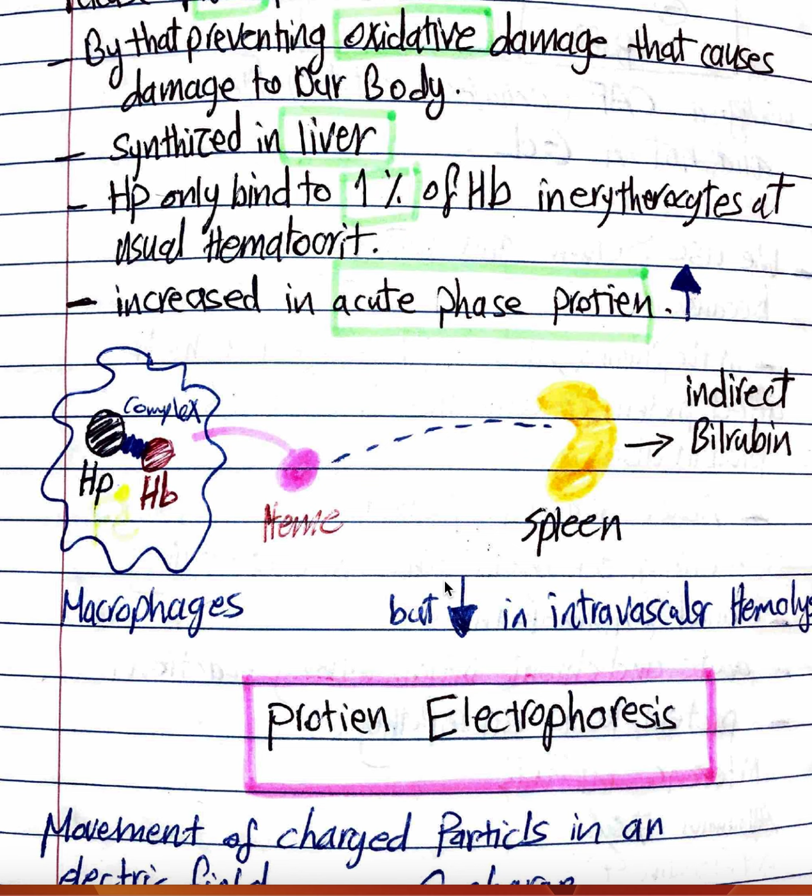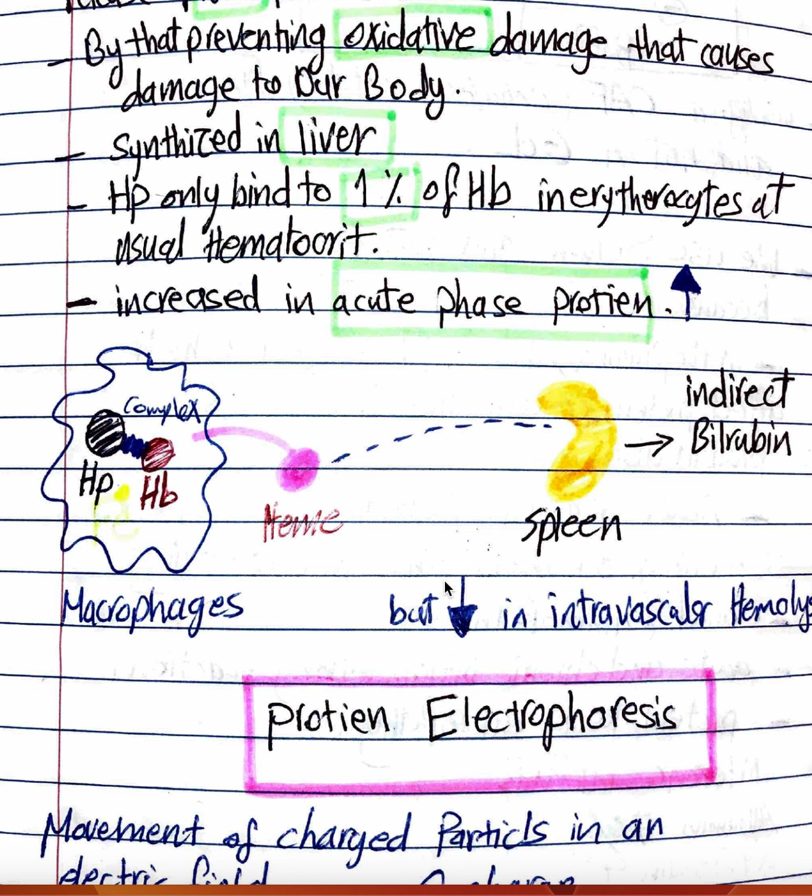So this is the normal level. In intravascular hemolysis it decreases, meaning it will be less than 30 milligrams per deciliter. What else? We can also see free iron, and that can stimulate infection.